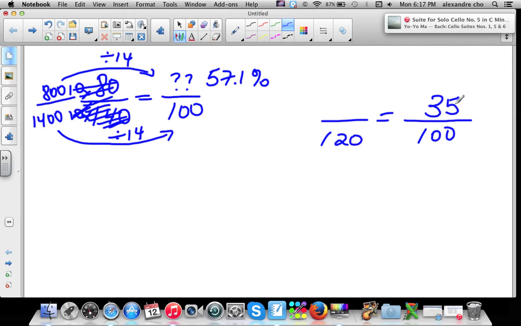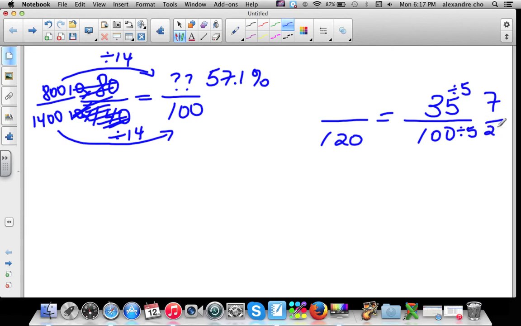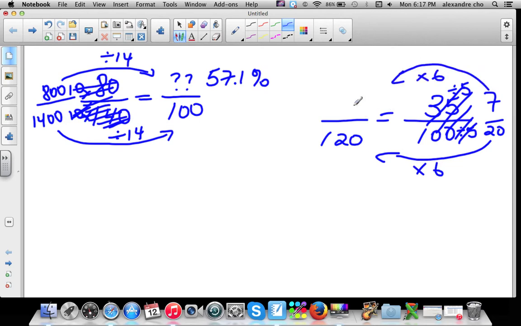This one you could have divided 35 by 5 and you get 7. And 100 divided by 5 you get 20. So this one you didn't have to go higher. Going lower worked. Now there is a relationship between 20 and 120, times 6. And obviously you have to apply that same on top times 6. So you get a total of 42. So out of the 120 kids on the bus, that's a big bus by the way, 42 have blue eyes.